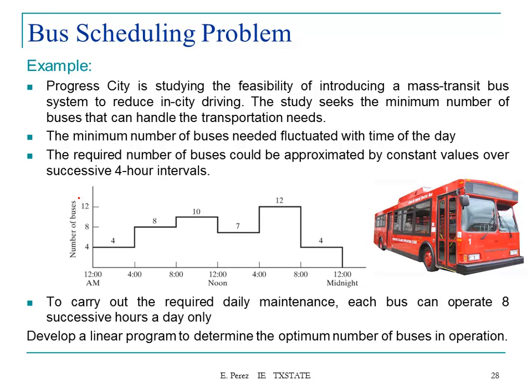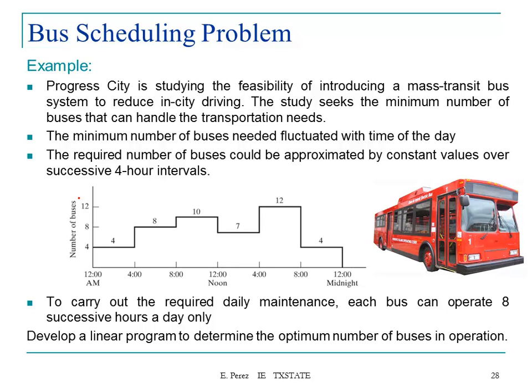So this is the bus scheduling problem. And here we have a city that is studying the feasibility of introducing a mass transit bus system to reduce the in-city driving. The city seeks the minimum number of buses that can handle the transportation needs, and the required number of buses will be approximated by a constant value over the successive 4-hour intervals.